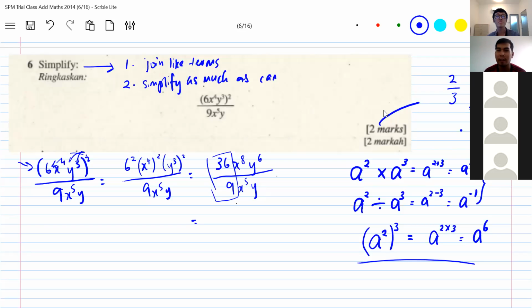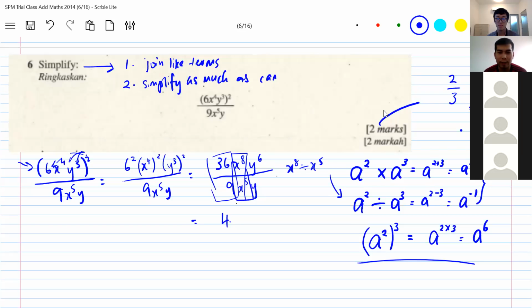36 over 9 can be simplified to 4. 36 divided by 9 is just 4. Okay? And then you isolate the next like terms, x to the power 8 and x to the power 5. So this is just x⁸ divided by x⁵, right? And then you can see in this learning, 8 divide 5 will be 8 minus 5.